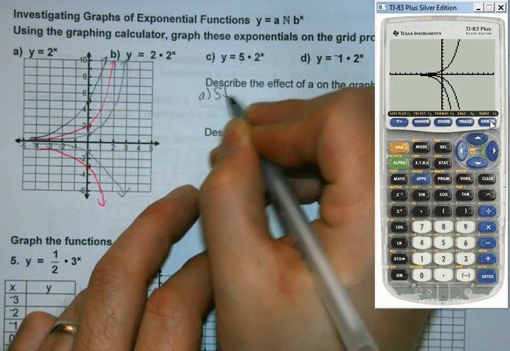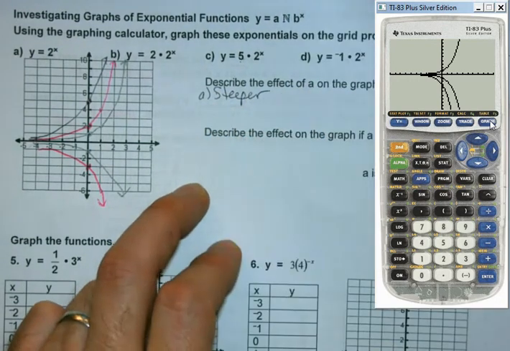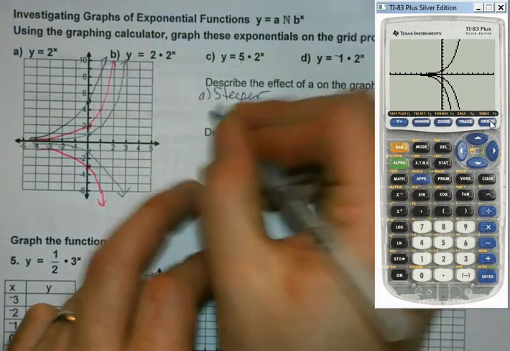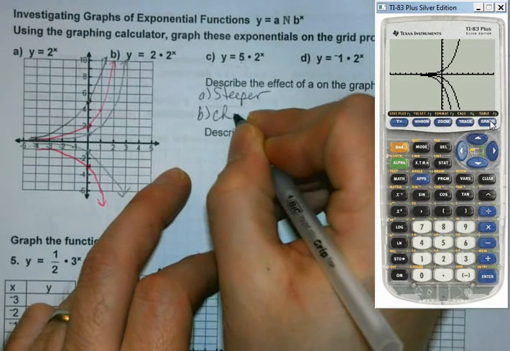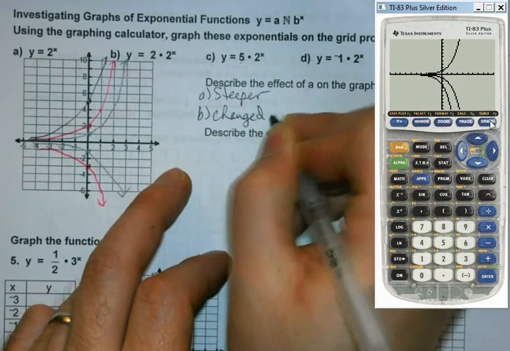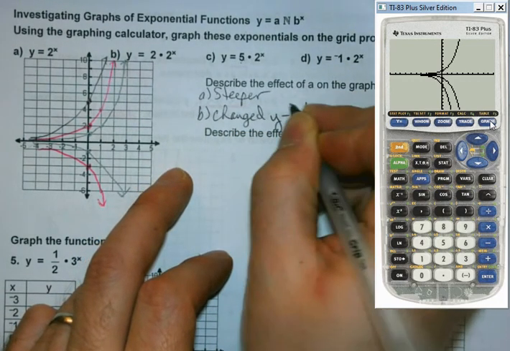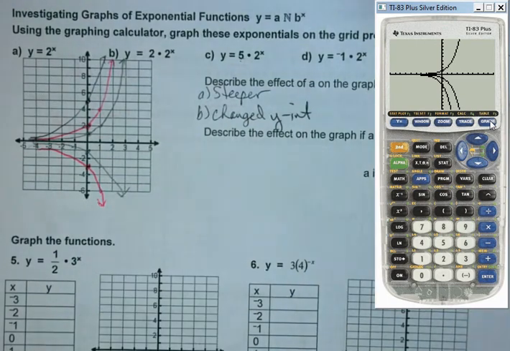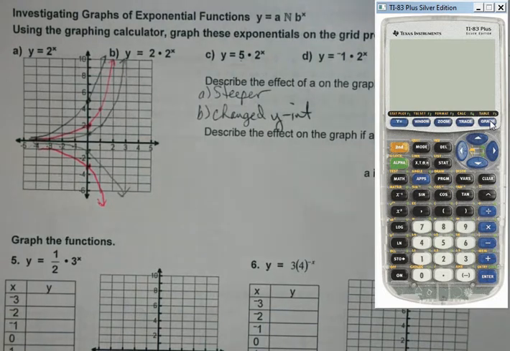It made it much steeper, and it also changed my y-intercept, because typically that y-intercept is going to be at (0, 1). But if I have that A value out in front, it's going to change my y-intercept to that particular value.